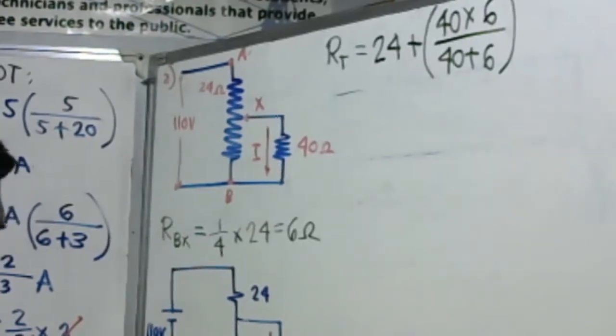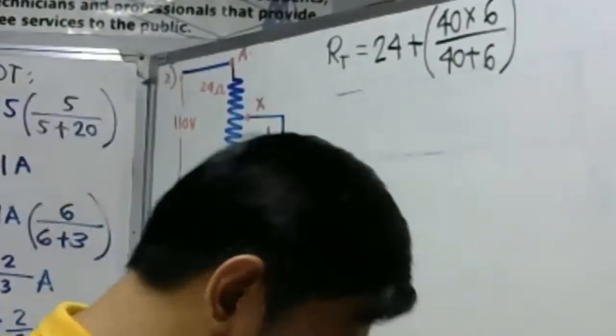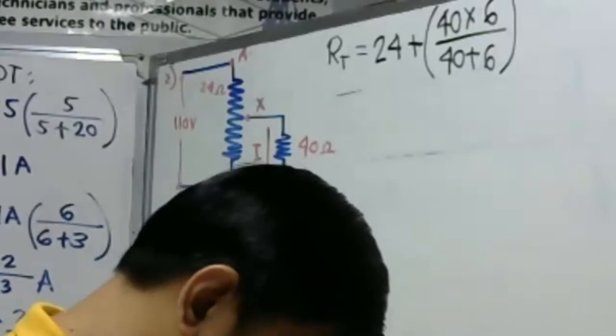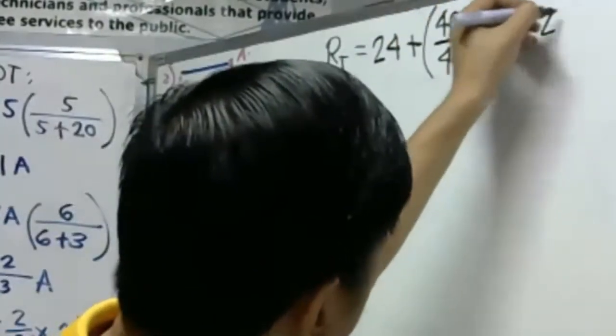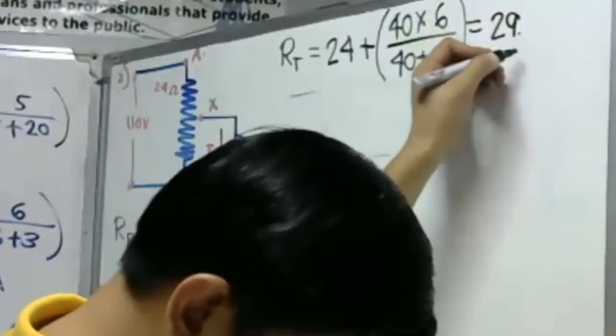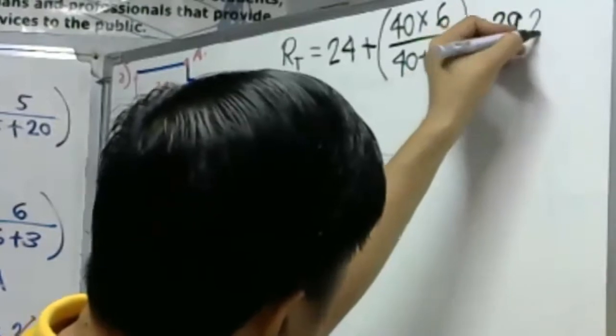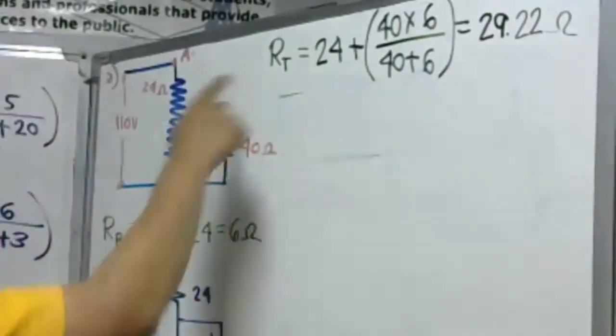So the answer would be 29.22 ohms. That is our total resistance.